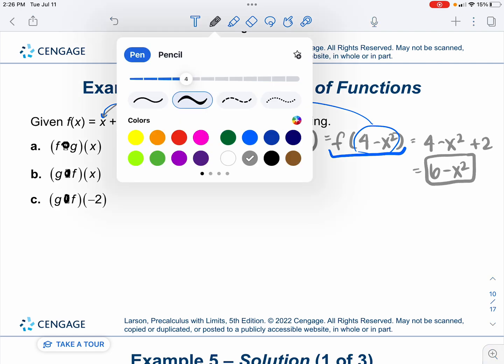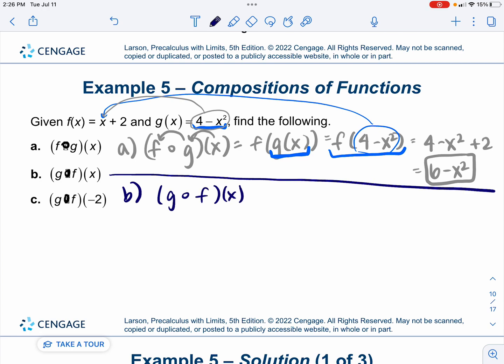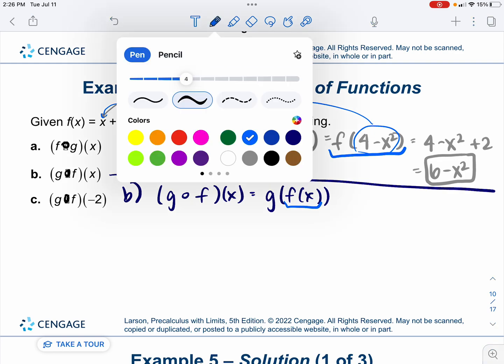Then for part B, we will flip them. Now this one is g composite f of x. Completely different problem. You cannot flip them and get the same answer, so we'll have to start over. The definition would be g of f of x. What we do then is we start with f of x.